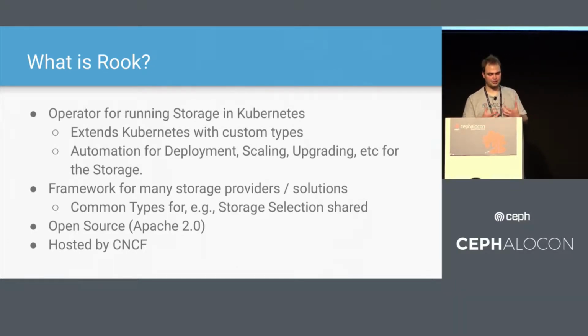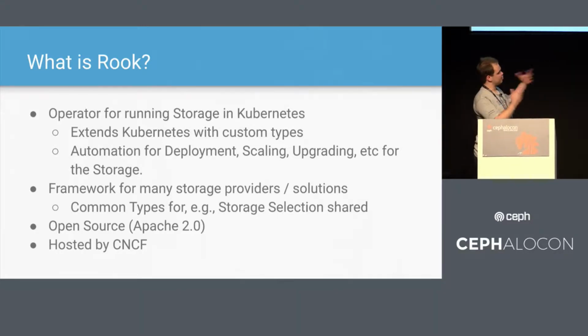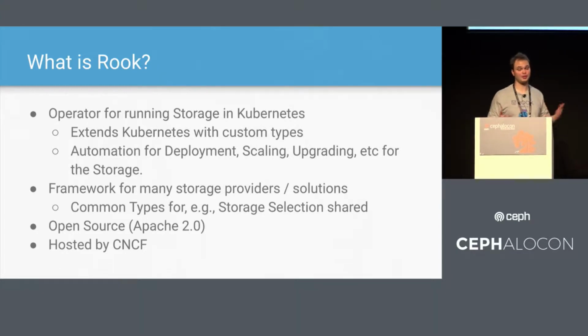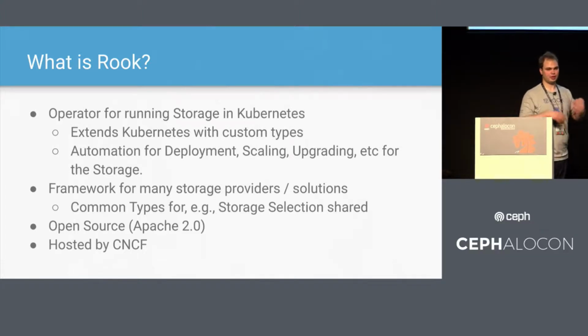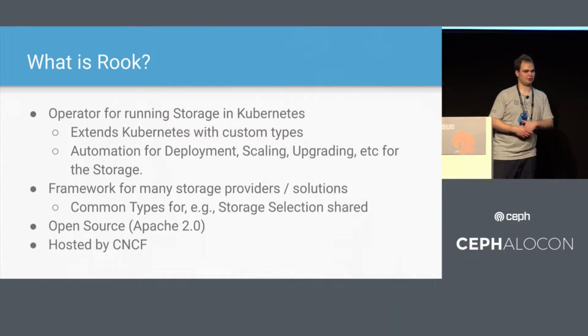It's also a storage backend where we have block storage and file system storage. The point there is that we have some common types, so it's easier to move from one to the other if you wanted to. In general, there's one common type which you can use to specify a disk to be used with Ceph, EdgeFS, or any other coming storage backend.